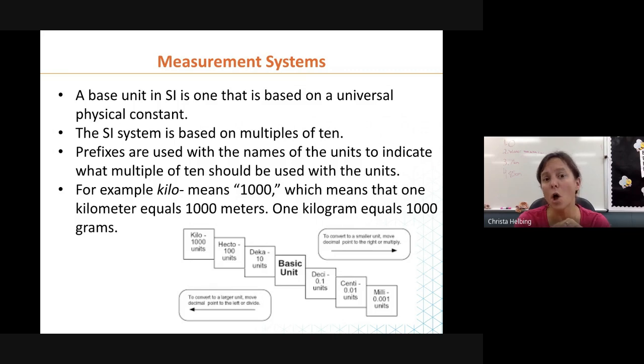And the prefixes all mean something. Kilo means 1,000. Centi means 100, like century. All of the prefixes have a meaning, and that tells you what the number is, so the conversion is pretty straightforward.